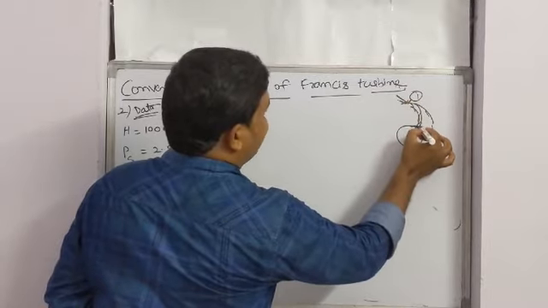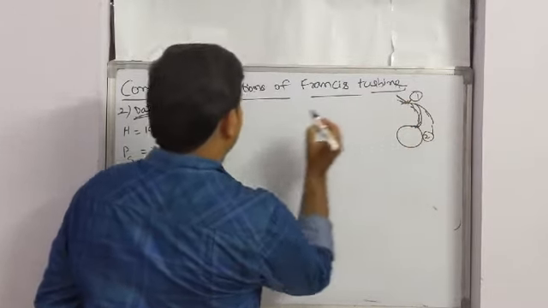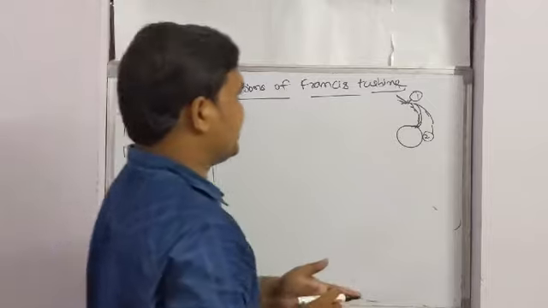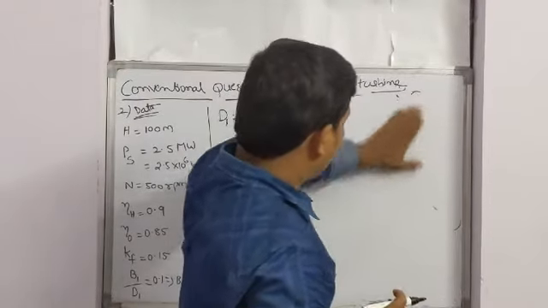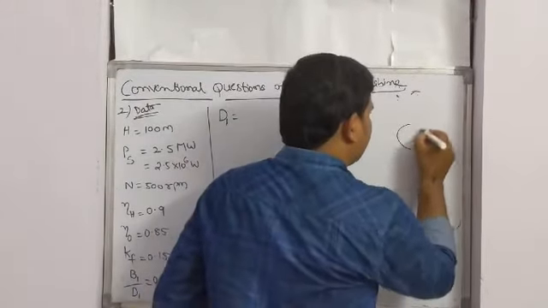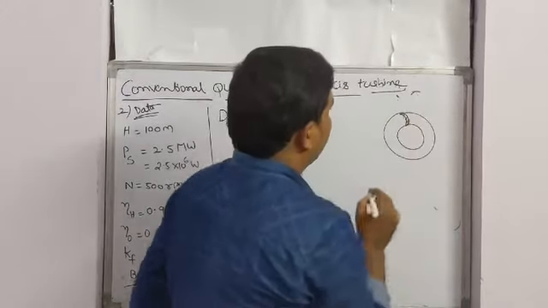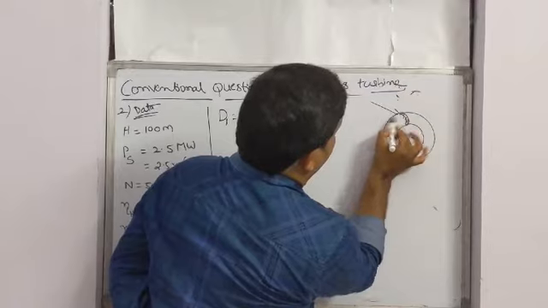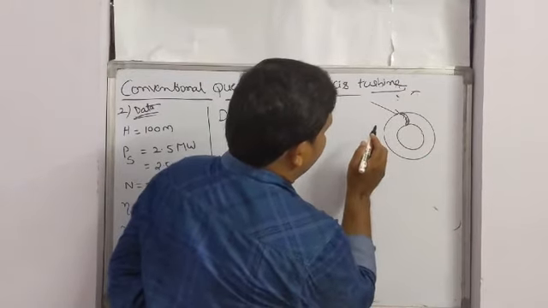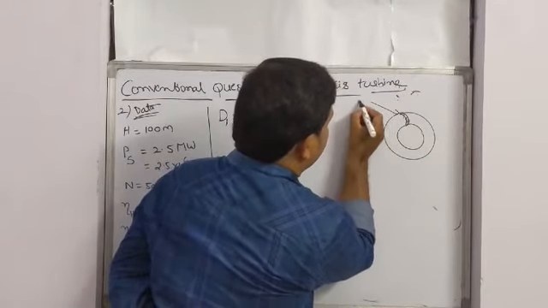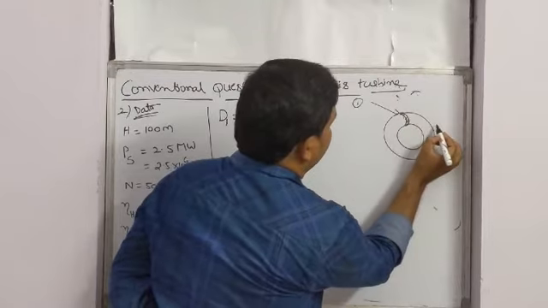The inner dia is the outlet of the turbine, we call it 2, that's why D1. Please note that. In the runner blade, generally the water enters at the outer. So inlet flow we consider 1, exit flow we consider 2.